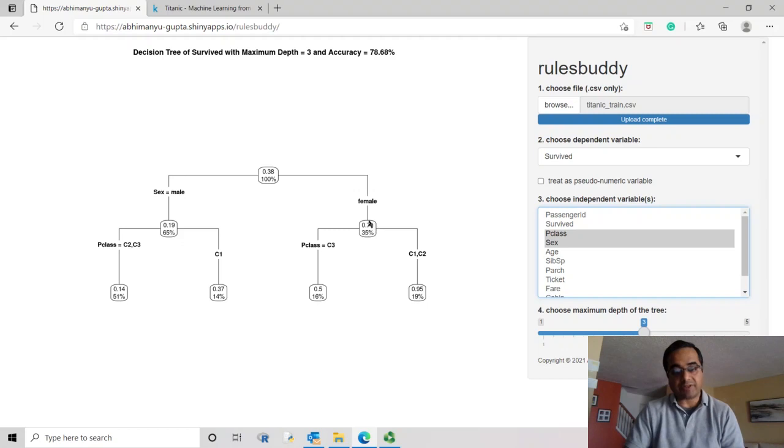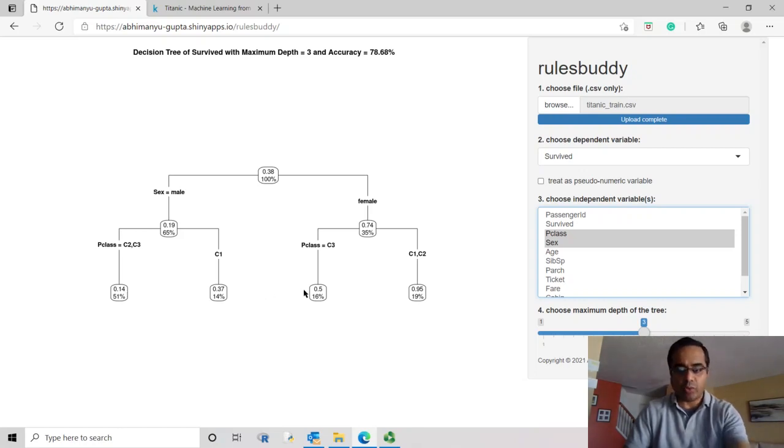Out of these 35%, 74% were saved, and from the males, only 19% were saved. And that too, when that female was in C1 or C2, then the probability of survival was 95%, and in C3 it was just half. For males, we have a similar pattern but lesser in magnitude, 37% and 14%.